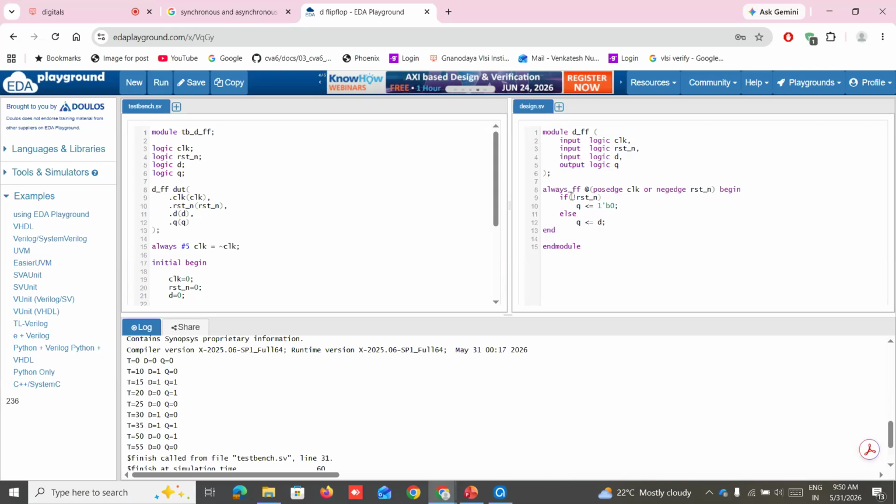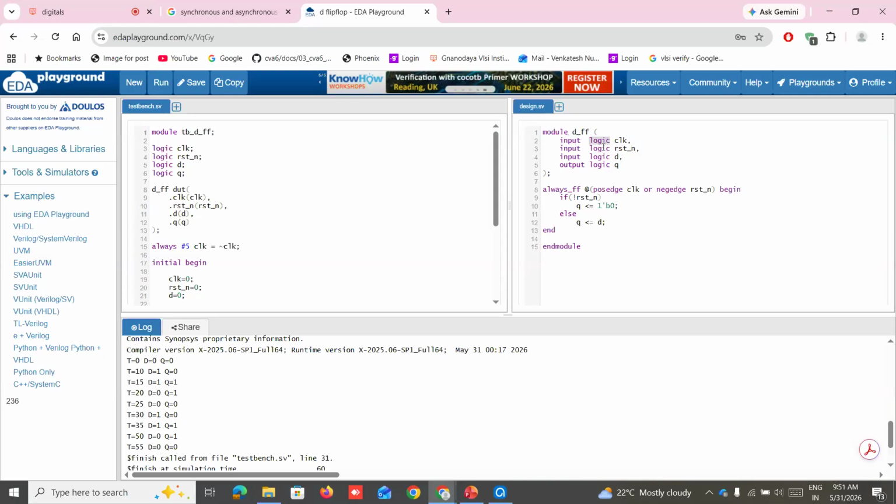Some delays concepts are there, and then some always begin where we are utilizing, and then what type of ports. This ports representation is one concept, module ports declaration is one concept. How we represent the ports: input port, here logic is considered.